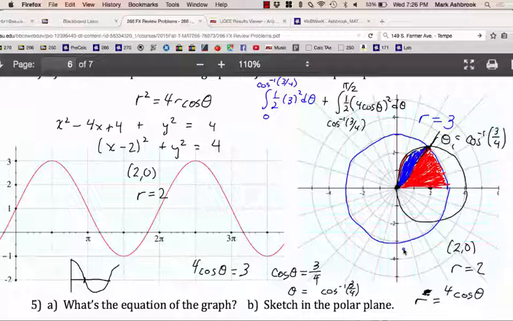Then starting at that point, it's still triangular strips, starting at the pole, but now terminating at the black curve, all the way to pi over 2. So the sum of those two will give you that total area. Yeah, that makes sense.